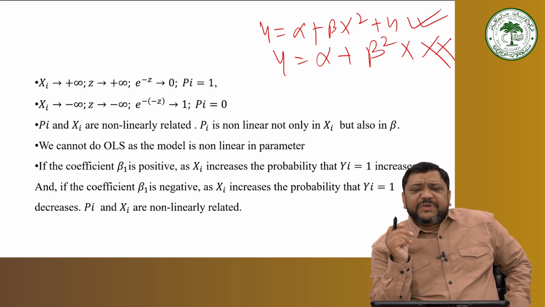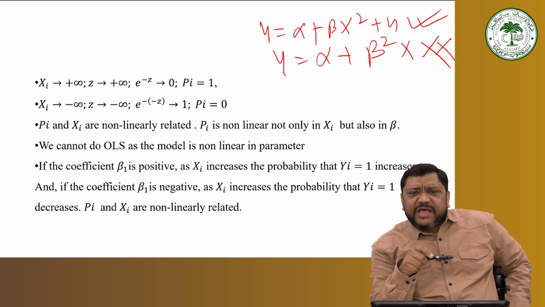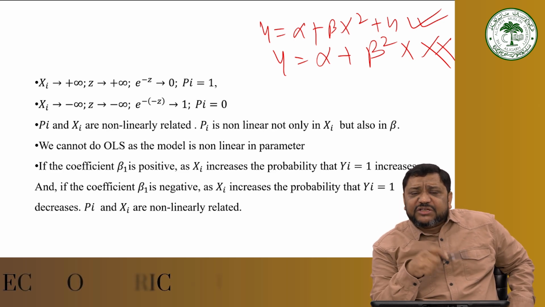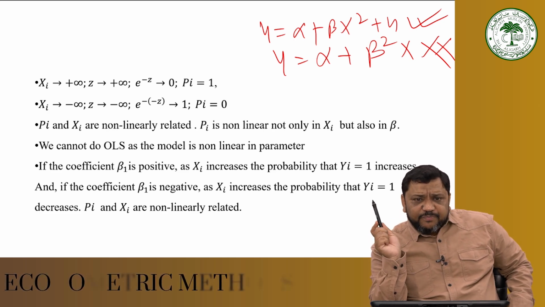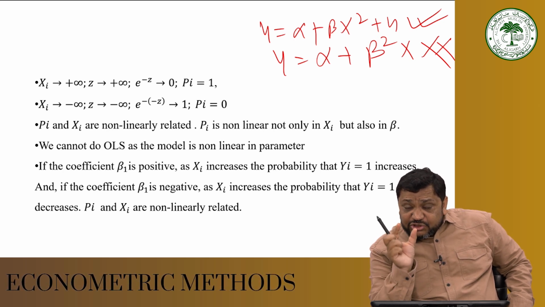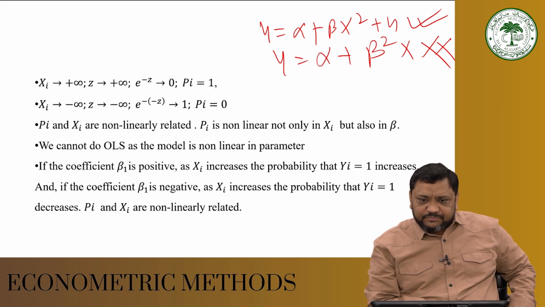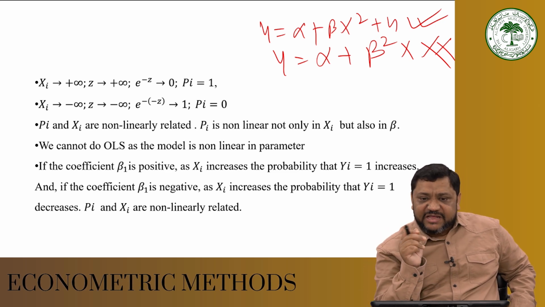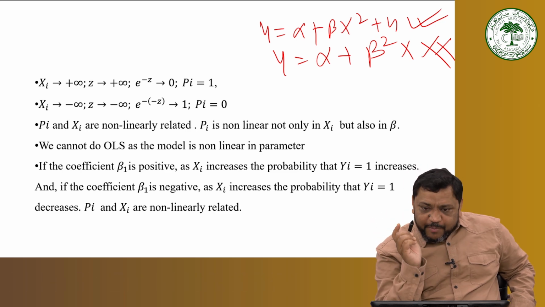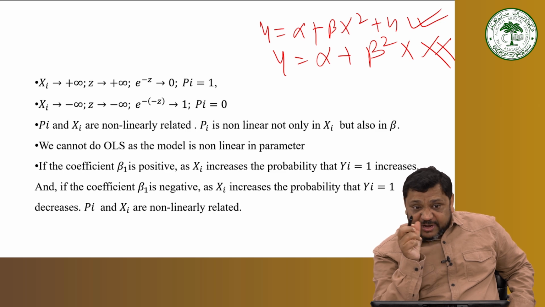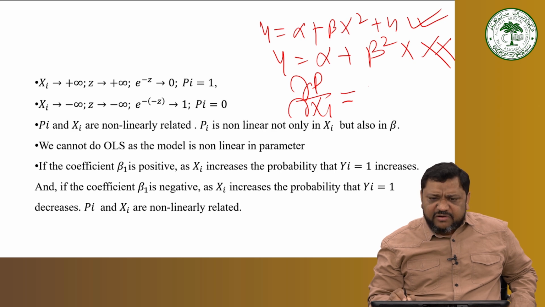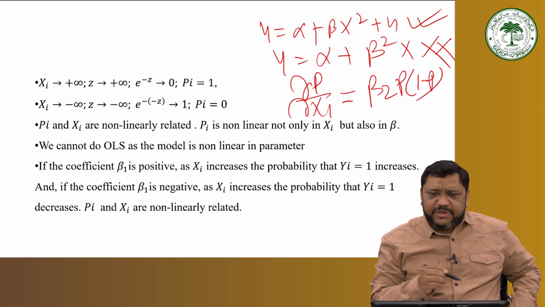Now, as Pi ranges from 0 to 1, Zi ranges from minus infinity to plus infinity, and your Li also ranges from minus infinity to plus infinity. Similarly, as Pi lies between 0 and 1, your Li is not bounded by 0 and 1. Li is linear in xi, but the probabilities are not. That means delta p upon delta xi you can write as beta 2 p times 1 minus p.